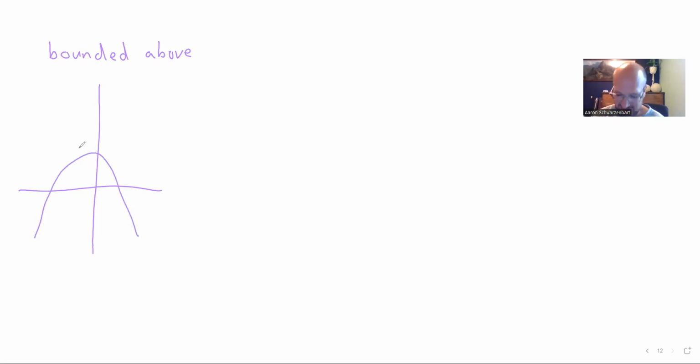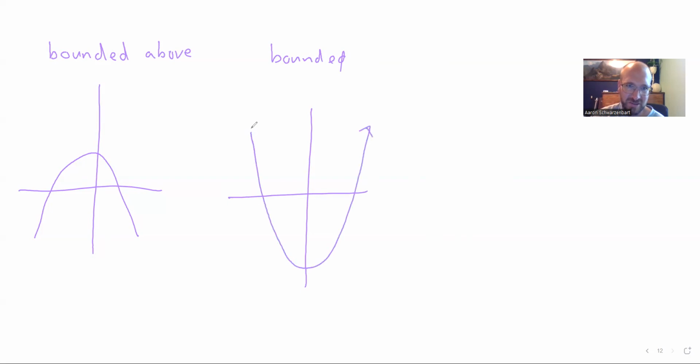I don't need to say what it is. I just need to say it's bounded above. Bounded below has a bottom. Doesn't matter how low that bottom is, but it has one. I like to say fully bounded.